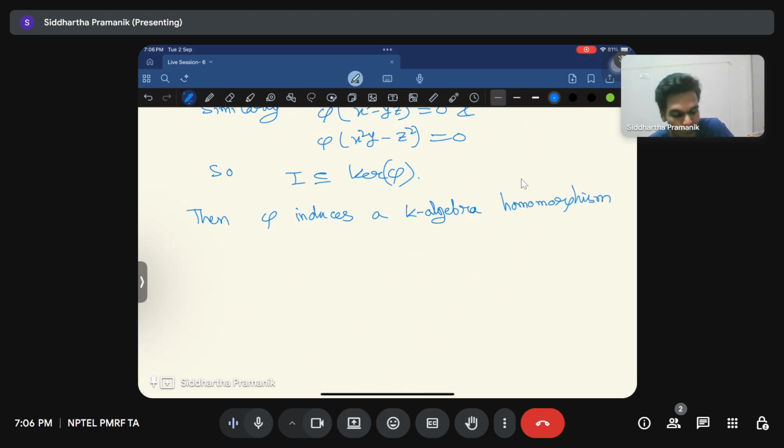K algebra homomorphism means it is a ring homomorphism as well as a linear map of K vector spaces. So it is a K algebra homomorphism phi bar from R quotient I, sorry, not R, from C[x, y, z] quotient I to C[t].